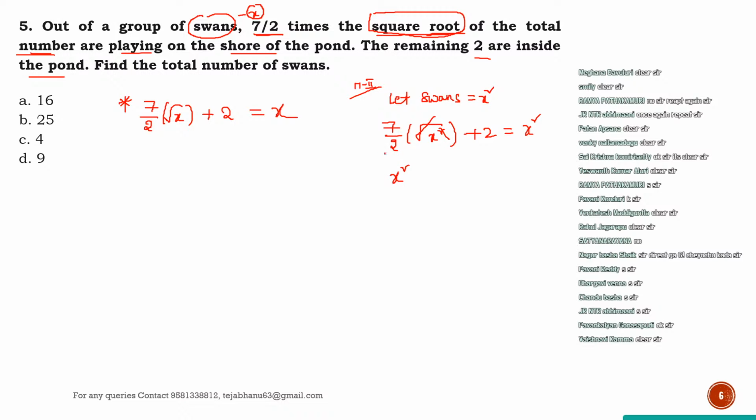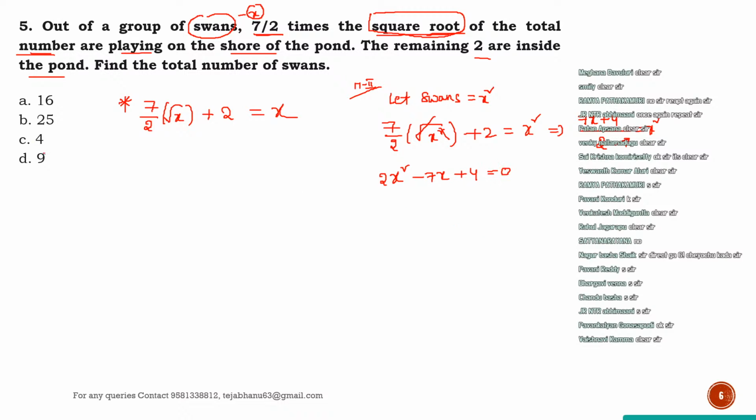If you take the LCM here, that is (7x plus 4) by 2 is equal to x square. If you cross multiply, 2x square minus 7x plus 4 is equal to 0.